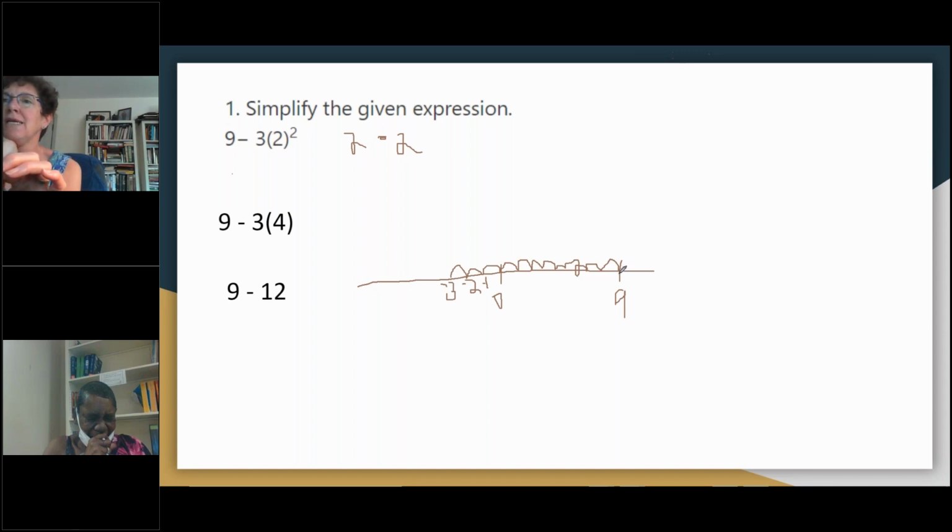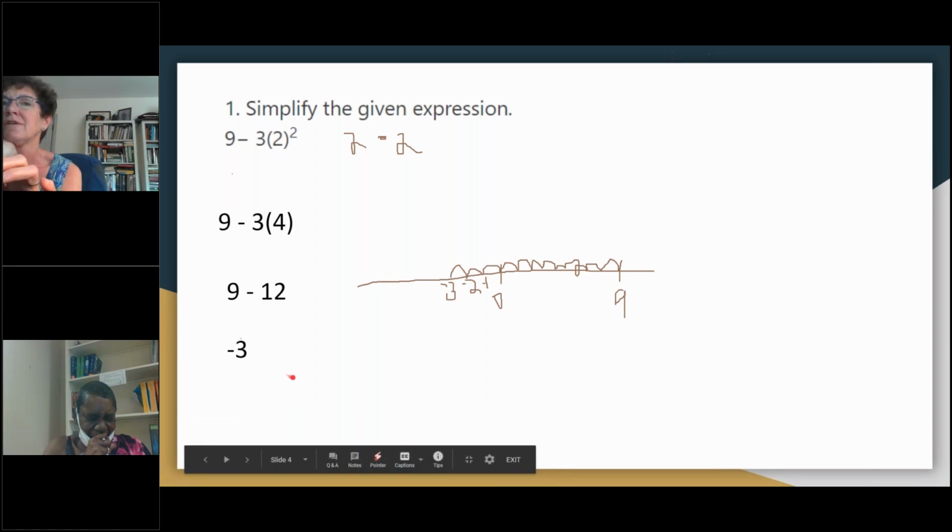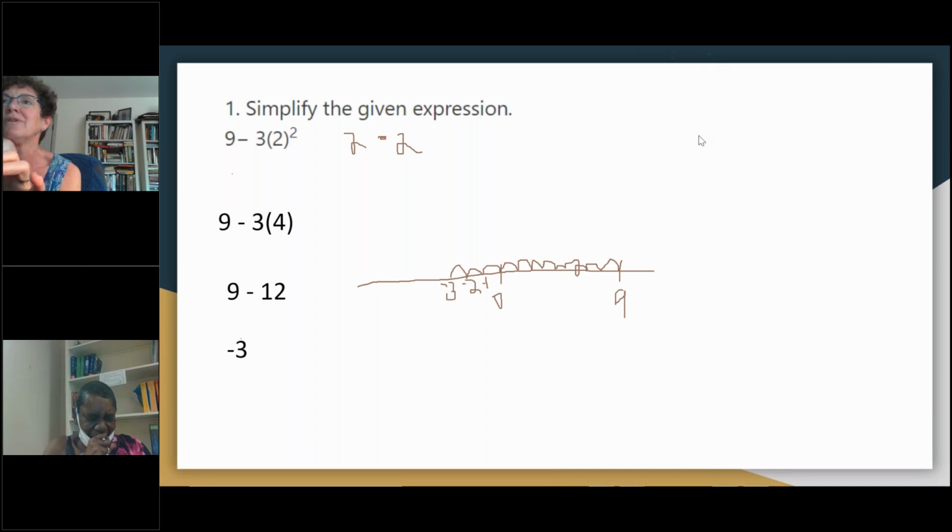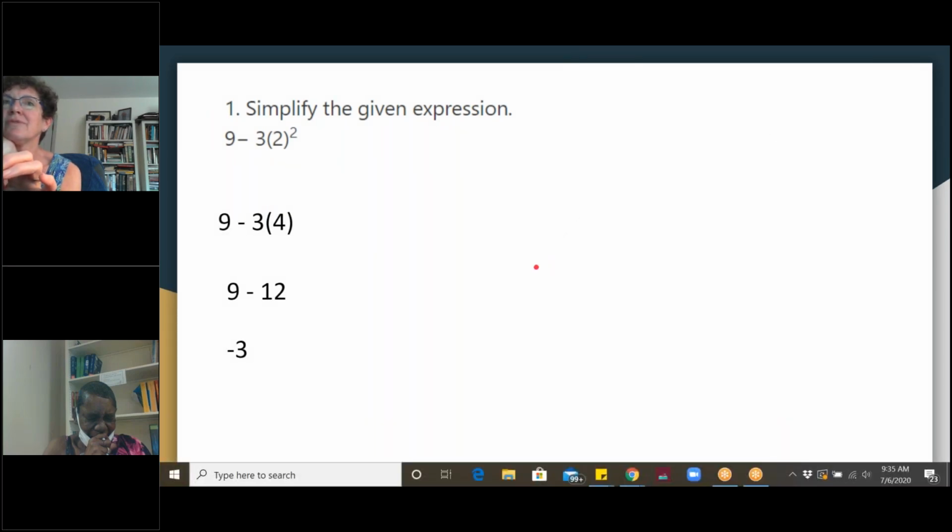I'm at 9, and then I'm going towards 0, 12. And when I get to 0, I have to keep going till I get to those negative numbers. So 9 minus 12 is -3. Good. There's our answer, -3. All right, cool. I got more.